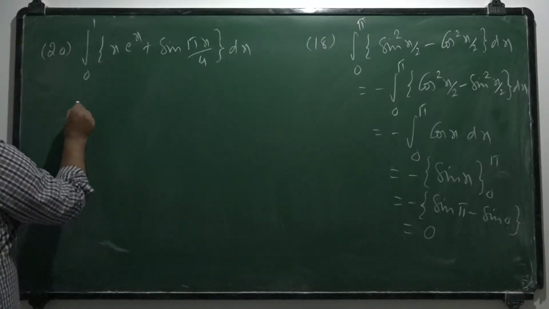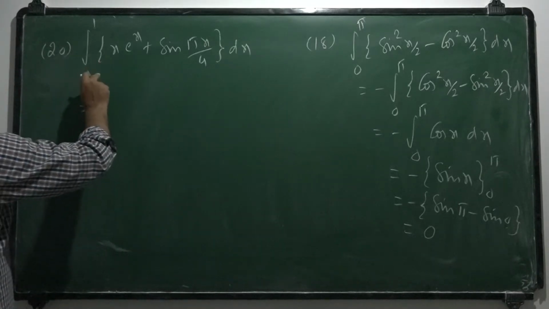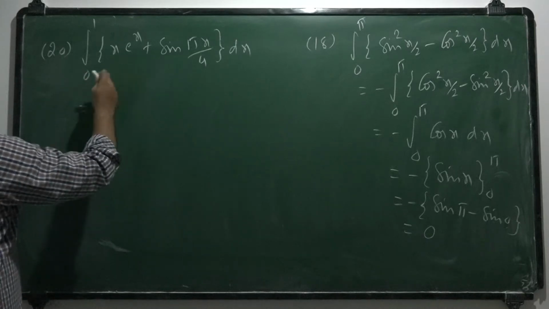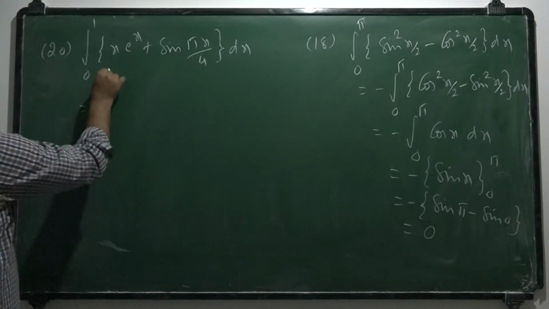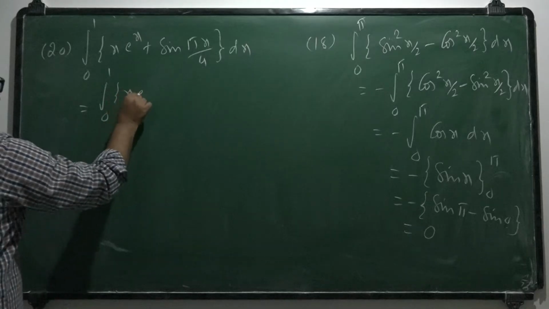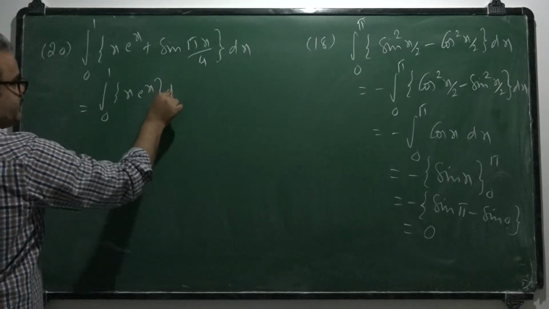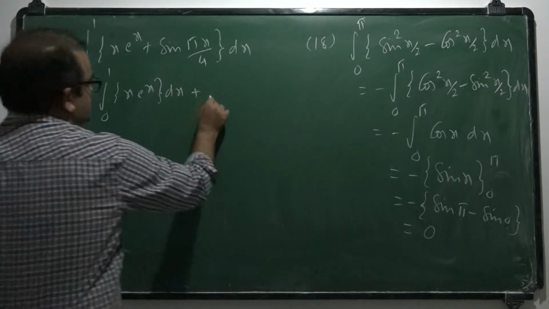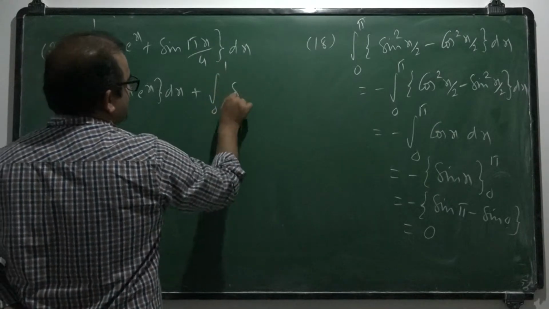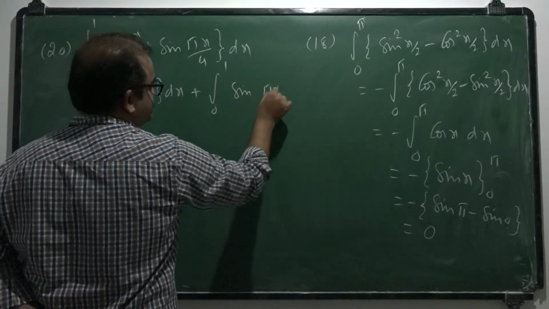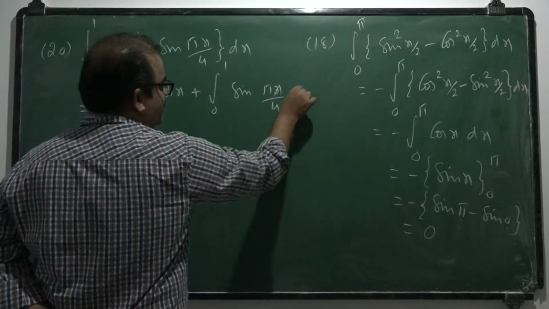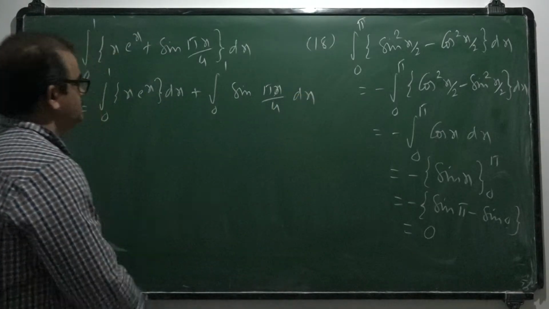First integrate separately. Integral 0 to 1 of x into e power x dx, plus integral 0 to 1 of sine of pi x by 4 dx. Integrate separately.